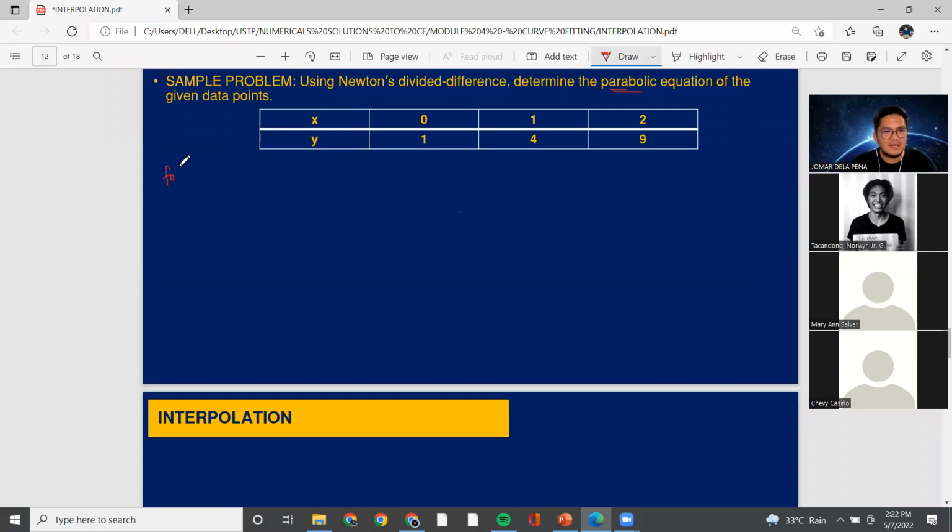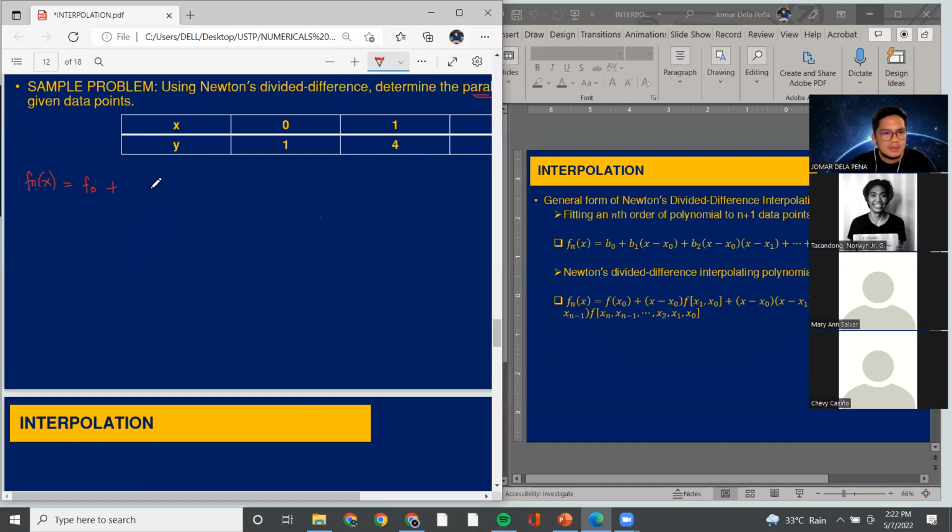Okay, function of n of x. N of x, then we have first is the function of x sub o, plus we have x minus x sub o times the function of x sub 1 and x sub o. No, ito rin expand natin.